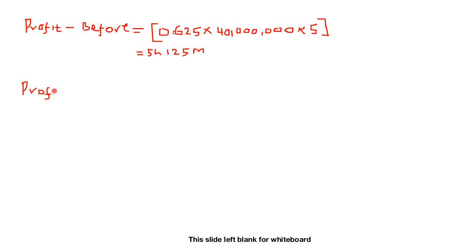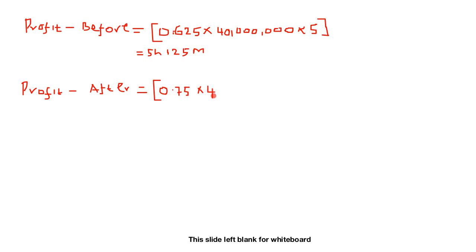Next we get the profit after advertising, and then we will compare the two values to know whether there was an increase or a decrease. So again, we take the probability of that condition, the value of X, which was 0.75. The profit margin is the same, the number of customers is the same.